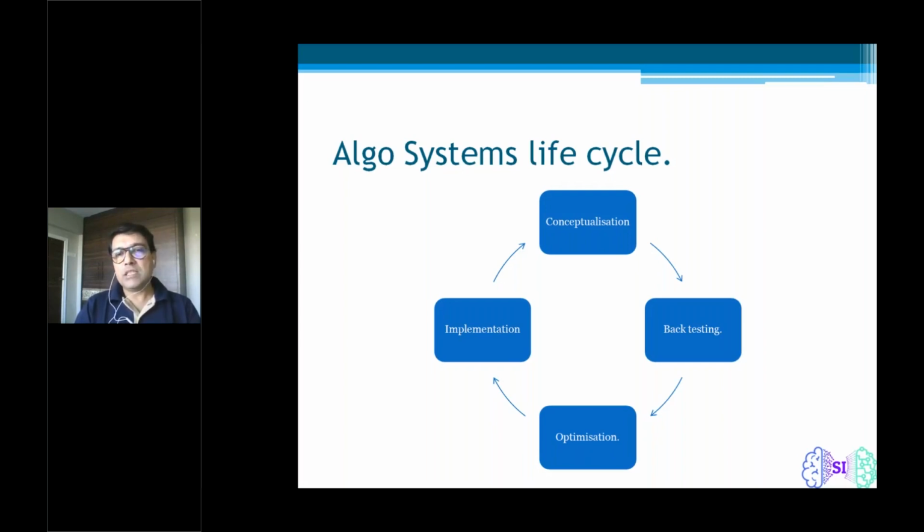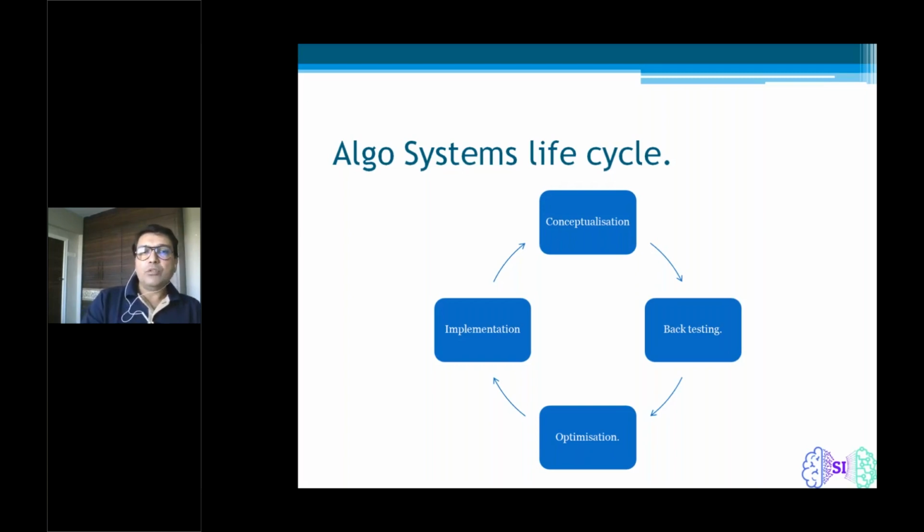These are the four basic pillars on which a system comes alive, and if any of these pillars is weak, it can affect the system in the long run.